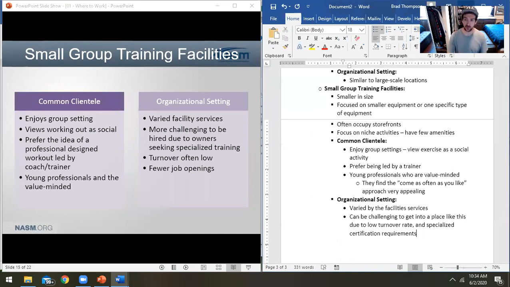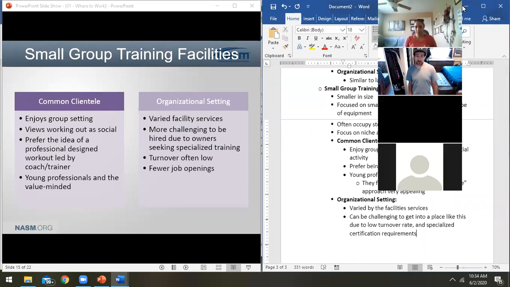You walk in there and you're like, well, I have a War Machine certification. By the way, War Machine is basically a TRX competitor, a different brand. That's suspension training, or I've taken a suspension training course through whatever. And they're like, nope, we are a TRX facility. If you don't have a TRX certification, we're not interested.